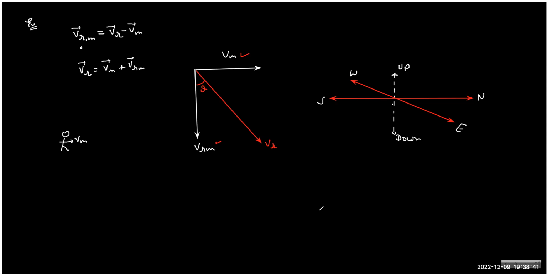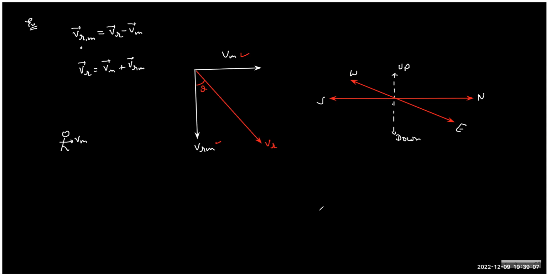I hope the third is also done. A man is standing on a horizontal road, has to hold an umbrella. So a standing man means what? Ground frame or a moving frame?